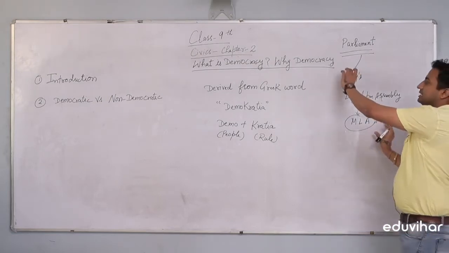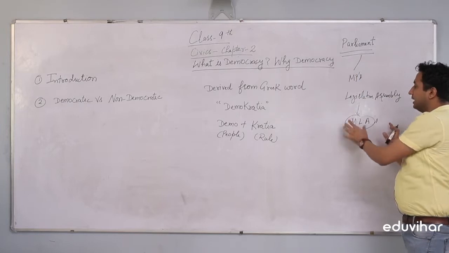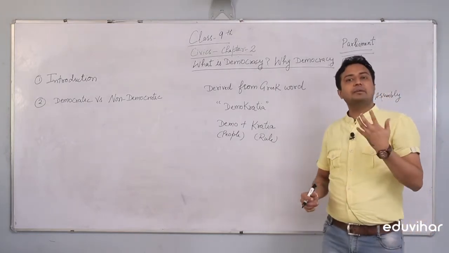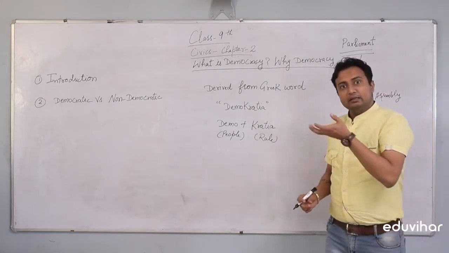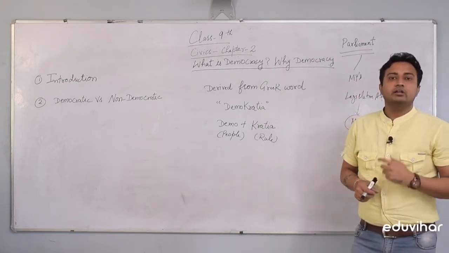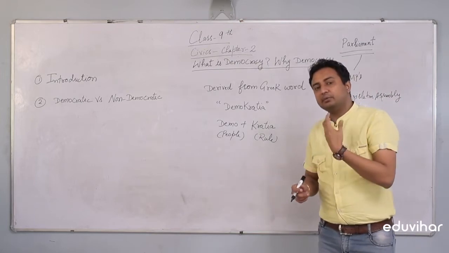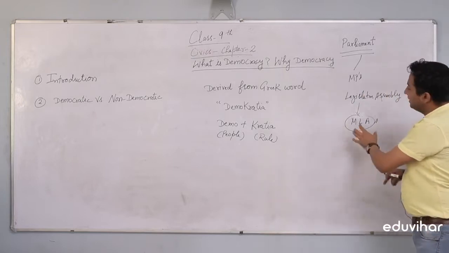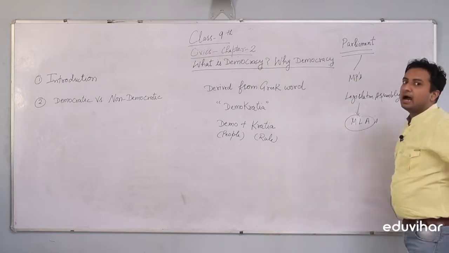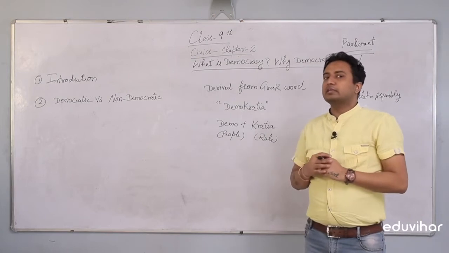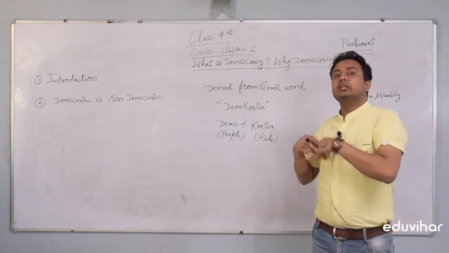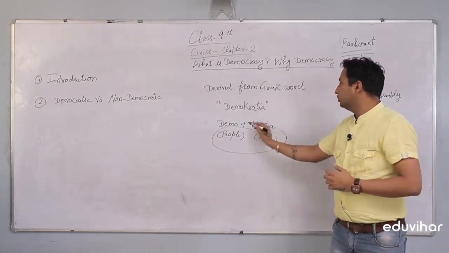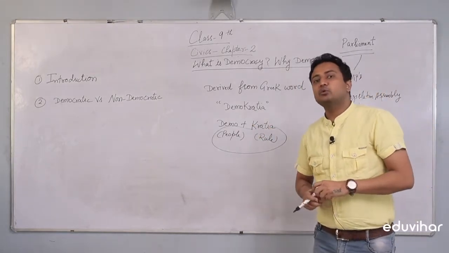These MPs and MLAs are the representatives chosen by the people of that particular area, and they rule on their behalf. So we can say people's rule. This is what we call democracy.